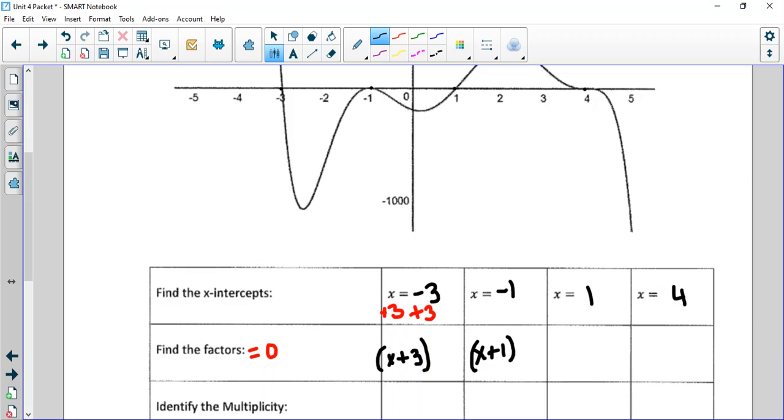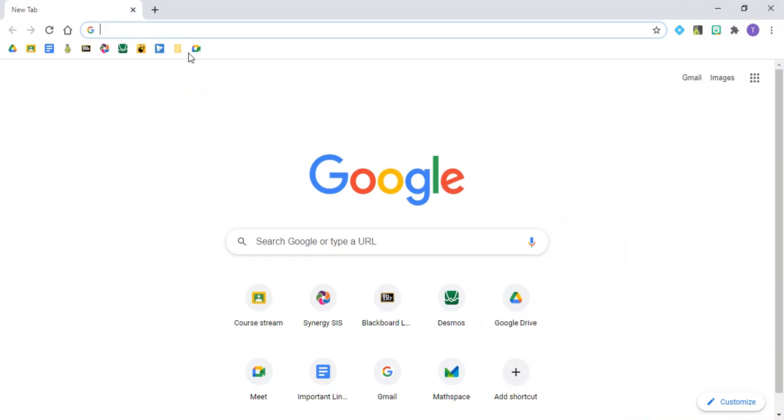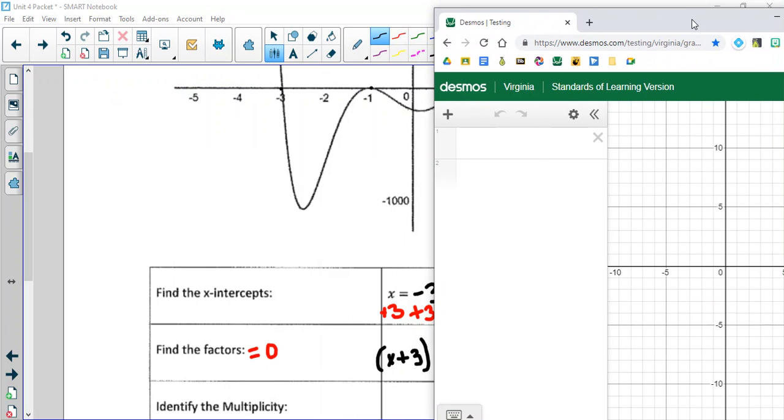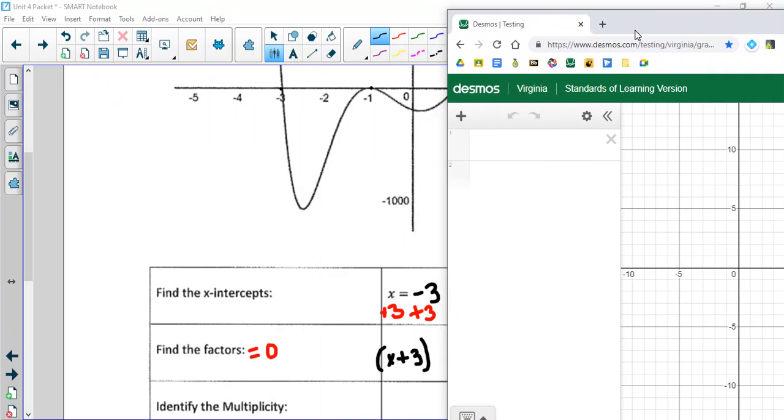The reason is, and let me quickly show you this part, let me bring up Desmos and show you why that is. If I want the graph to cross at any given x-intercept, for example, if I wanted to pass through x equals -3, if I put it as a factor, so if I put x plus 3, it goes through the x that I wanted to, -3.